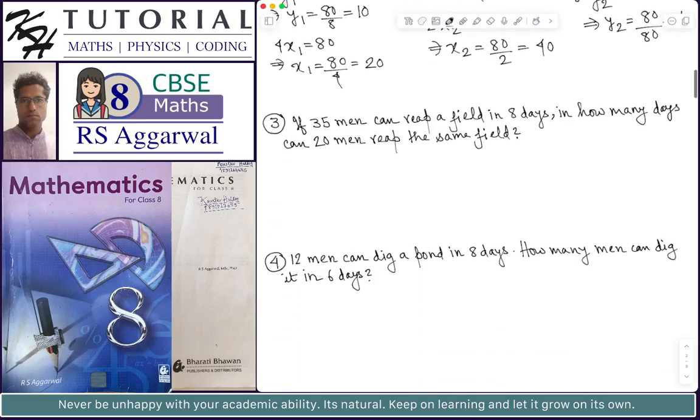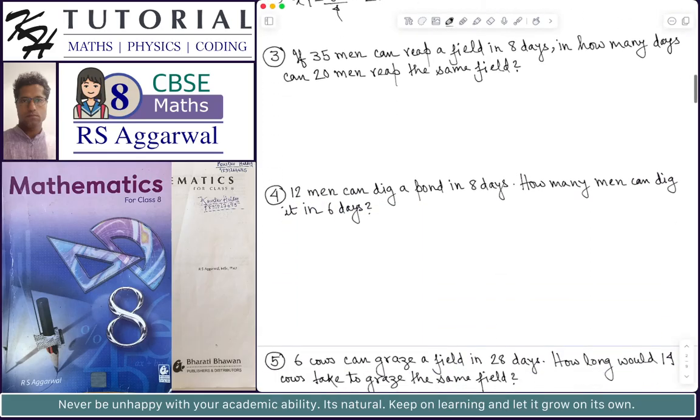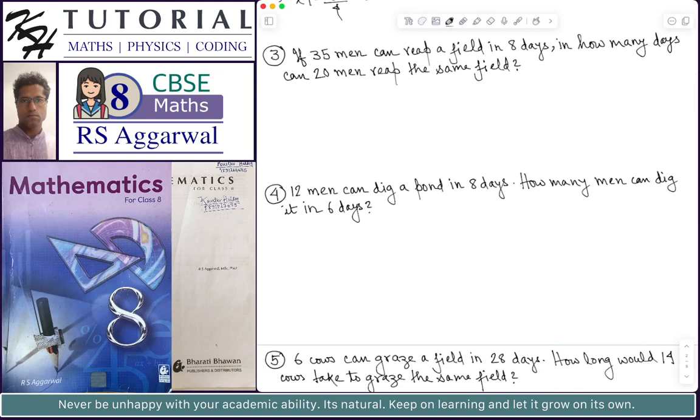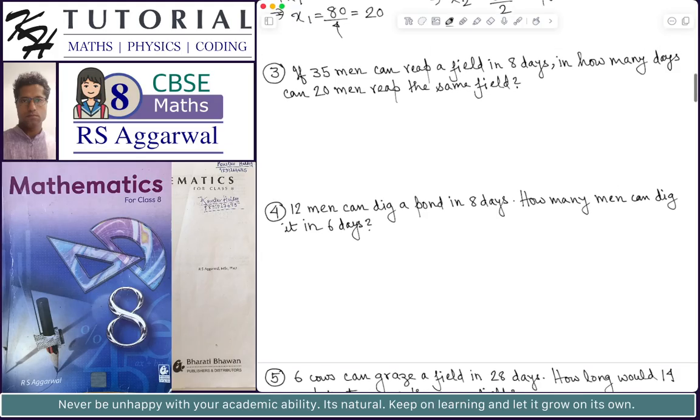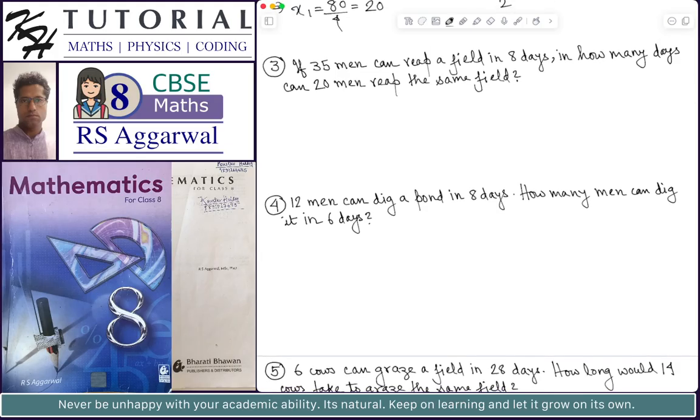Now we will solve some word problems. The main task is to understand the quantities and whether they vary inversely with each other. Okay. So if 35 men can reap a field in 8 days, in how many days can 20 men reap the same field?